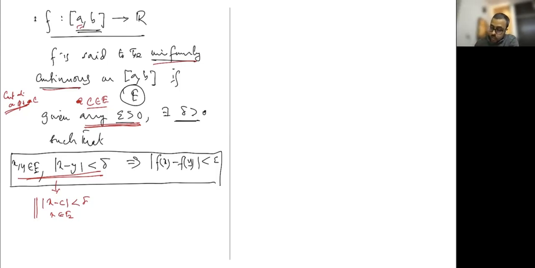Okay, now one of the properties that we proved last time was, so what did that theorem tell us?